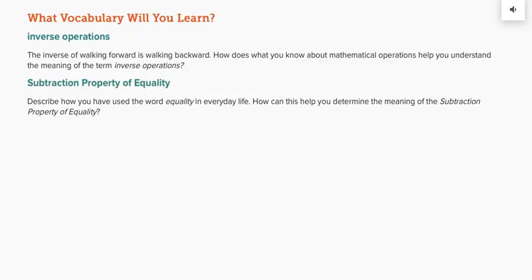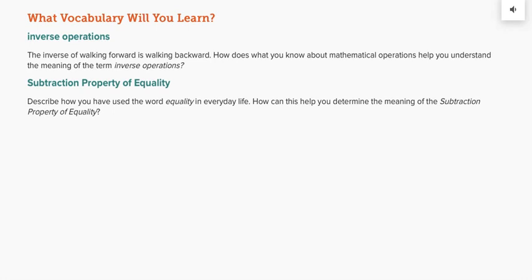There are two important vocabularies that you need to learn. The first one is inverse operations. The inverse of walking forward is walking backward. How does what you know about mathematical operations help you understand the meaning of the term inverse operations?